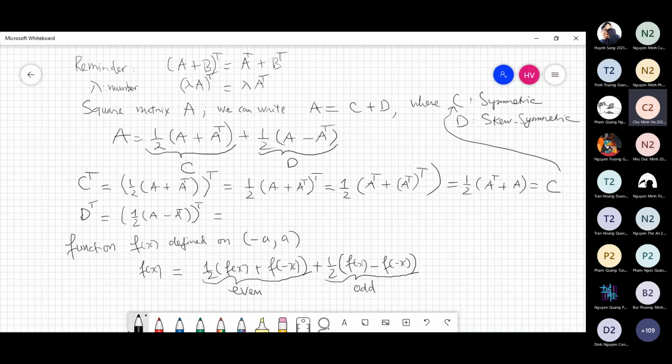But again, using this property, you can draw 1/2 out, and the inside would be A minus AT, and then T. And now again, you use this property. So transposition of the sum is the sum of transposition, and minus can be drawn out.